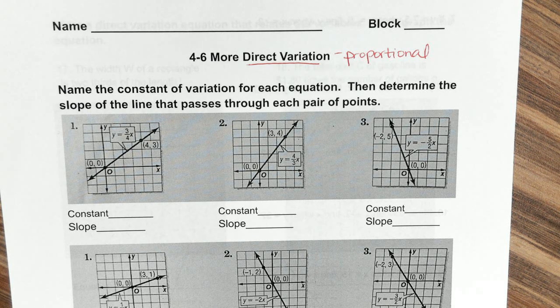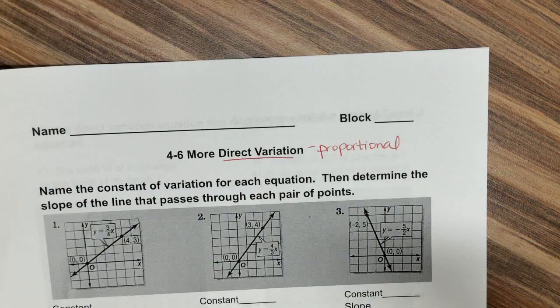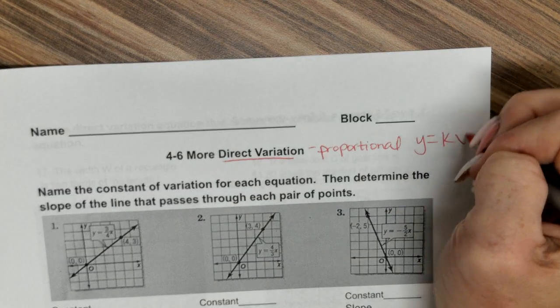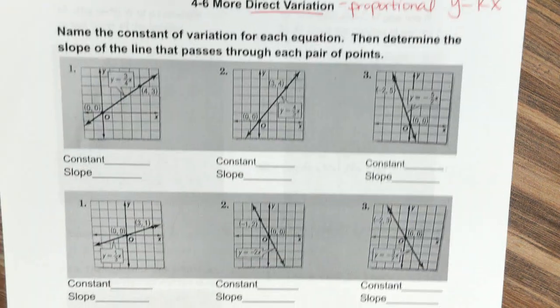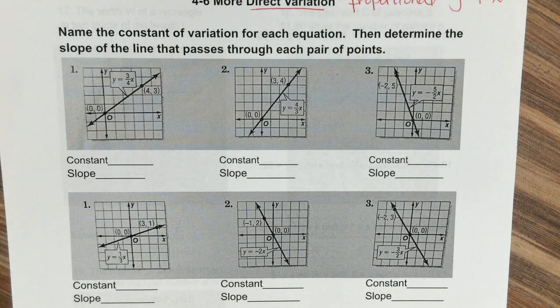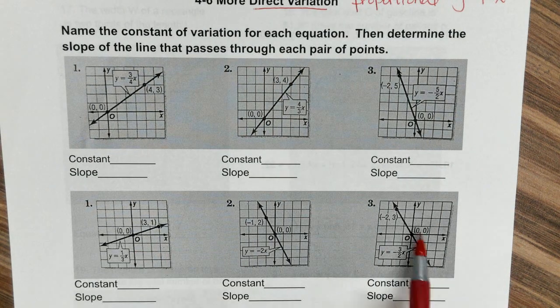It also means that it has a constant of variation, also known as the slope, but those words are specific to when it's proportional, meaning the plus b will always be 0. So it'll be y equals kx with no plus b, or plus 0. Plus 0 is fine. Okay, on 1 through 3, it's actually 1 through 6 because you see that they repeat.